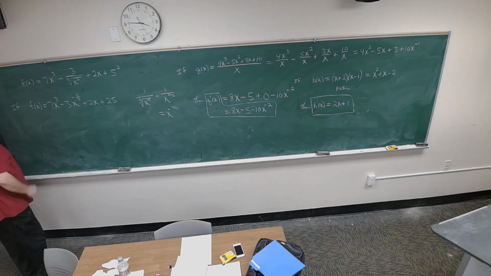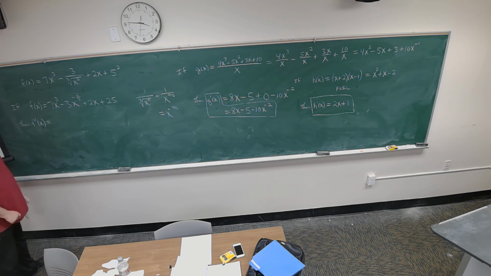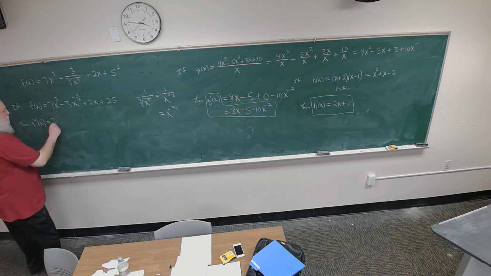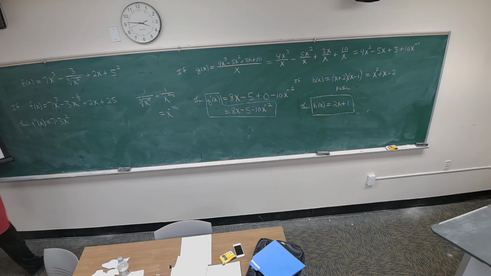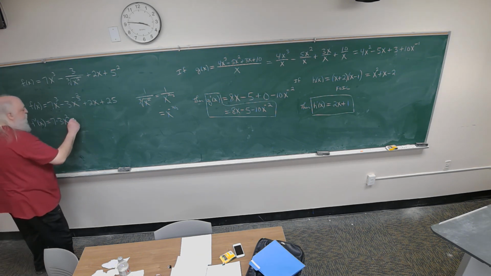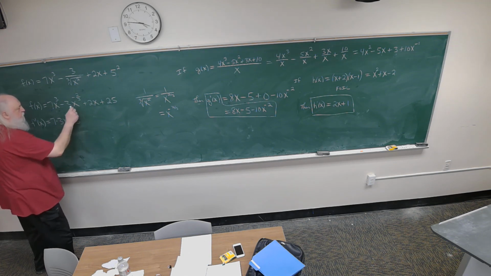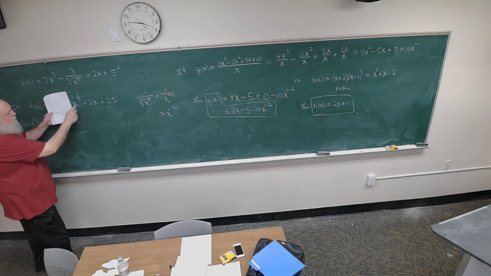If f of x is equal to that, then f prime of x is equal to derivative 7x cubed. 7's a multiplicative constant. Bring the 3 down in front of the x and subtract 1 from the exponent, right? So we have 7 times 3x squared. Then we have minus 3, a multiplicative constant. Now we use the power rule to differentiate x to the minus 2/3.